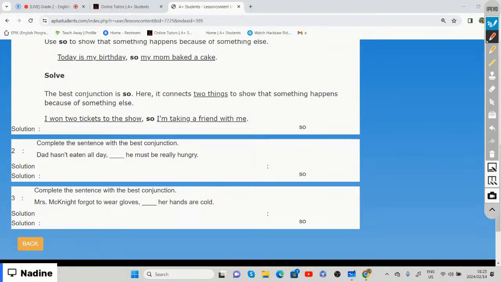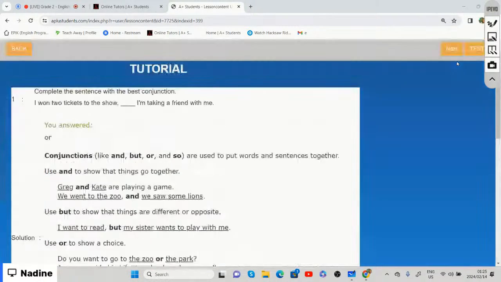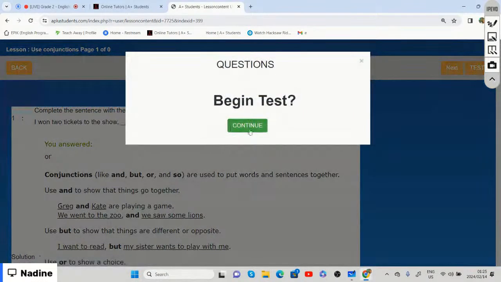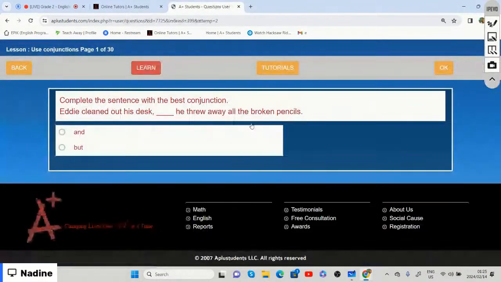All right. So we are now going to our test, right? Where we are going to use either the conjunction words and, but, or so.